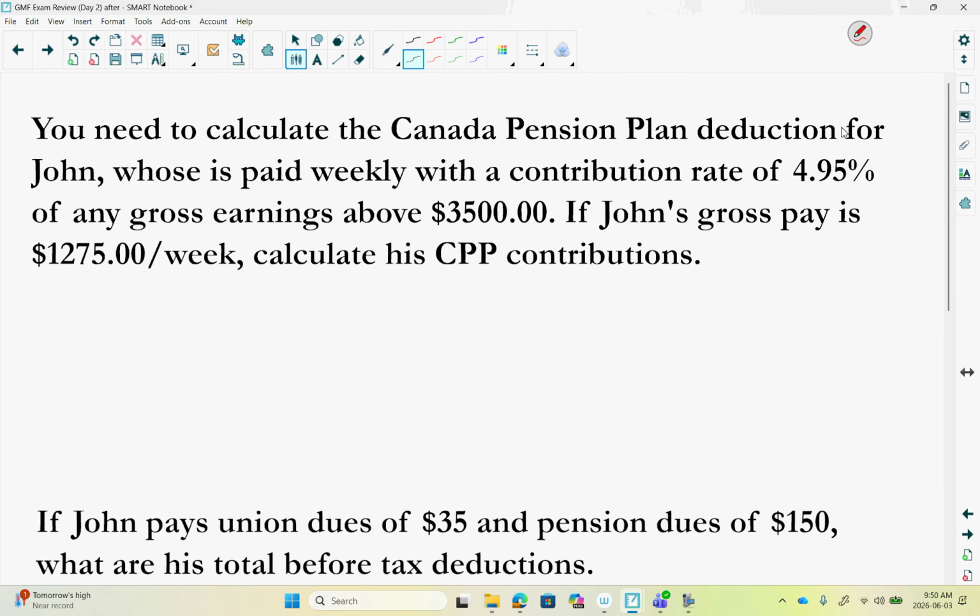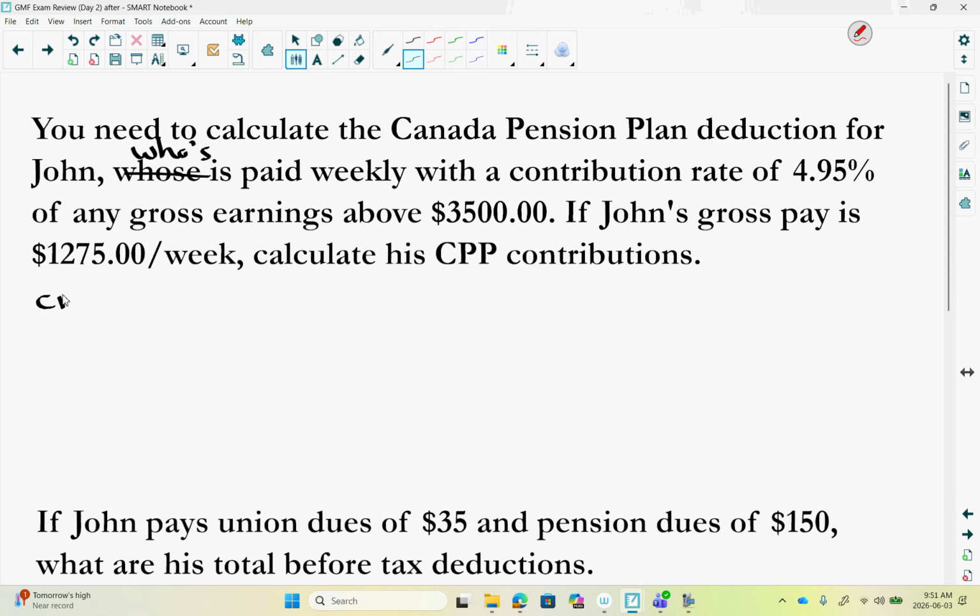You need to calculate the Canada Pension Plan deduction for John, who is paid weekly with a contribution rate of 4.95% of any gross earnings above $3,500. That's the allowable exemption. If John's gross pay is $1,275 per week, calculate his CPP contributions.